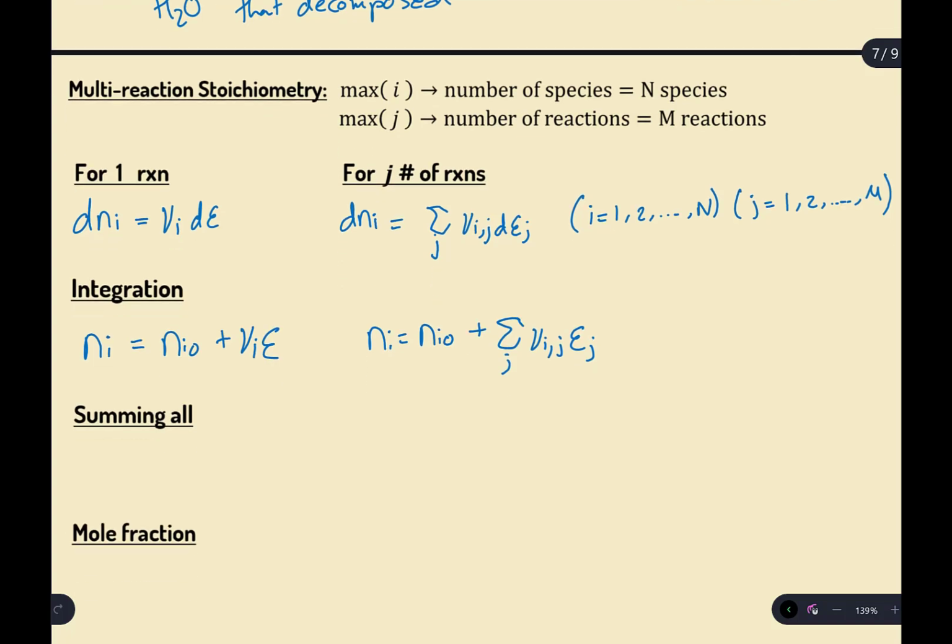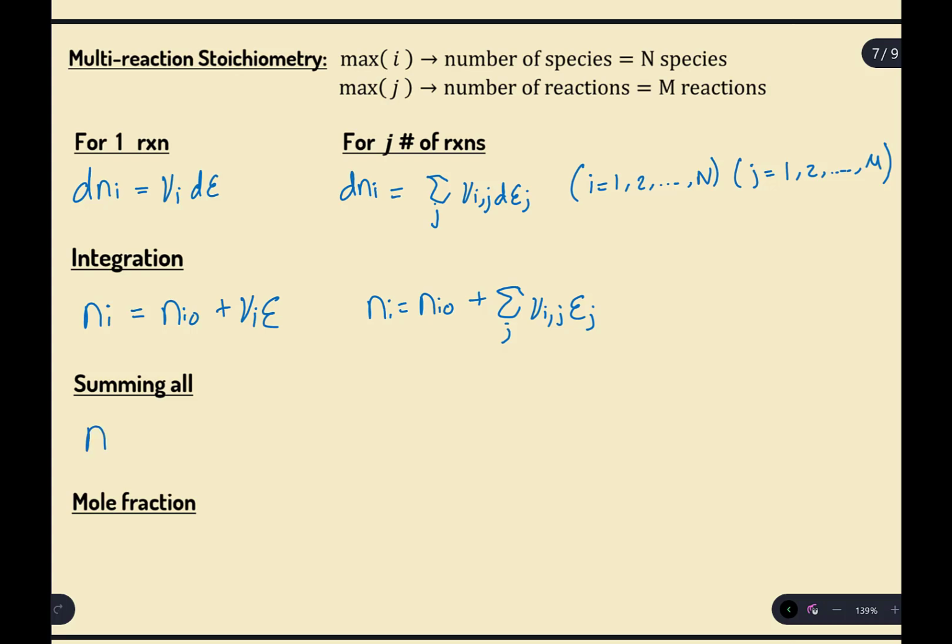And then to get the total number of moles, we again sum them up. So N would be the sum of Ni's, which equals N naught plus the stoichiometric number multiplied by the extent of reaction for one reaction. We showed that earlier in the slides.